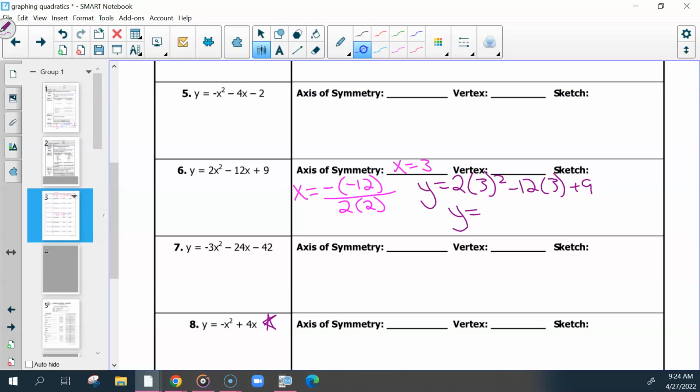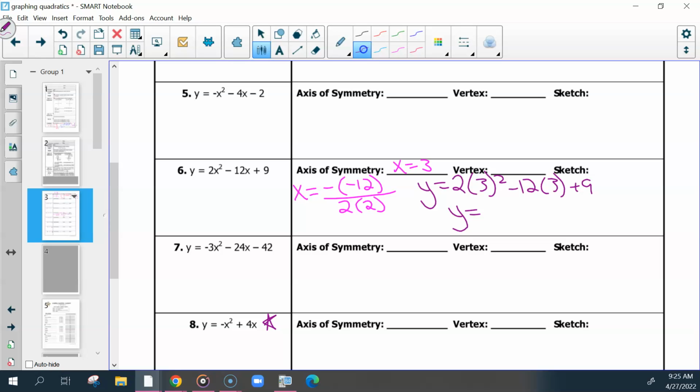What is y? We're taking our x value and putting it into all of our x's. What is y?